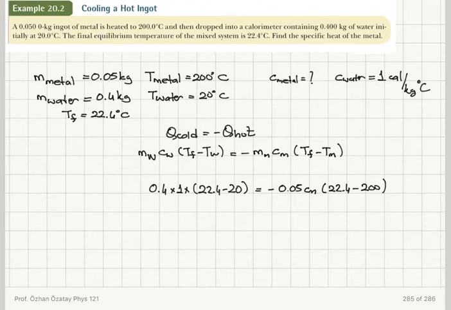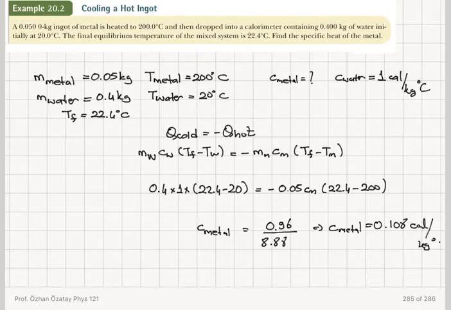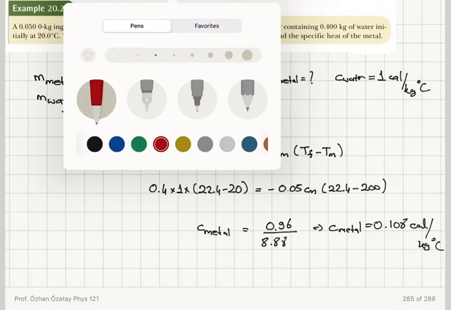So I can calculate the specific heat of the metal here. It's going to be 0.96 divided by 8.88 if you do this calculation, and you can find the specific heat of the metal to be 0.108 calories per kilogram degrees Celsius.